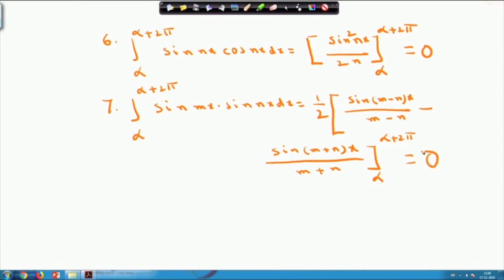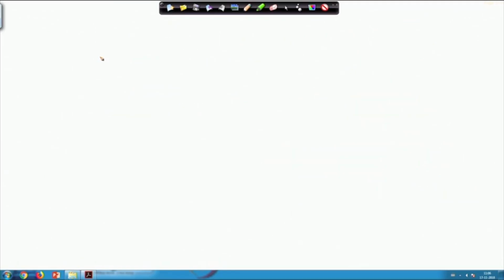If I evaluate the limit, this is equal to 0 when m is not equal to n. Therefore, the integral of sin mx sin nx dx from alpha to alpha plus 2 pi is equal to 0 whenever m is not equal to n.